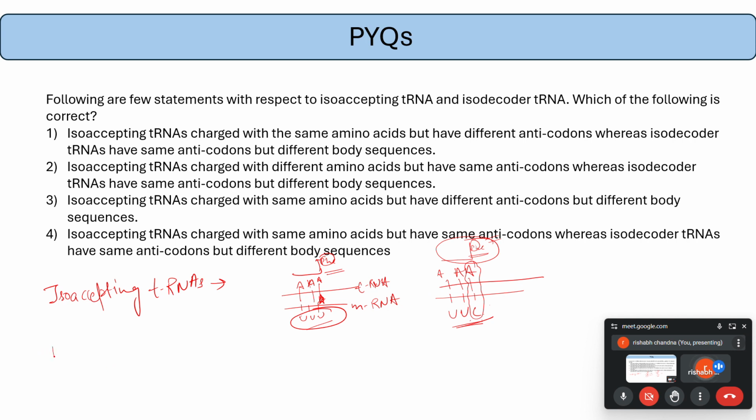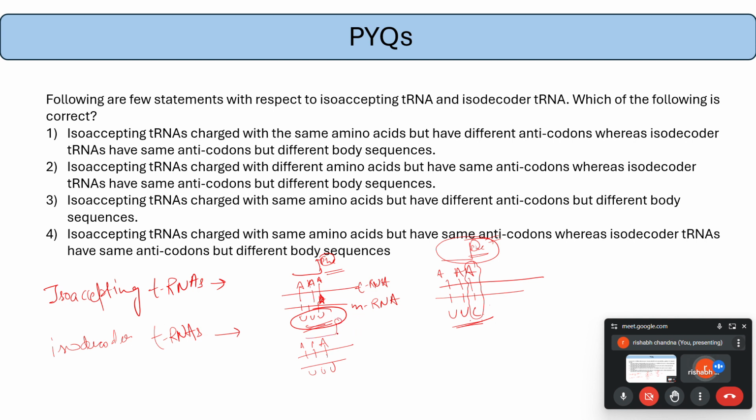And then we have the isodecoder tRNAs. So what happens in that case? The tRNA is the same for the same anticodons. Okay, so for UUU, the anticodon will be the same, similarly with the other, but the body of the tRNA will be different.